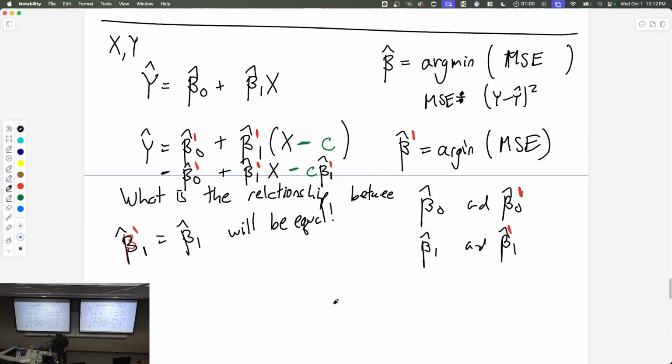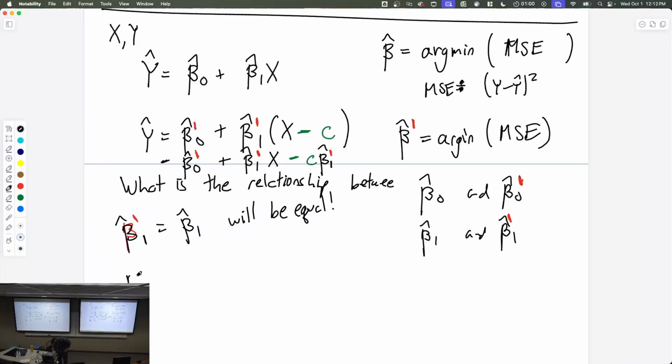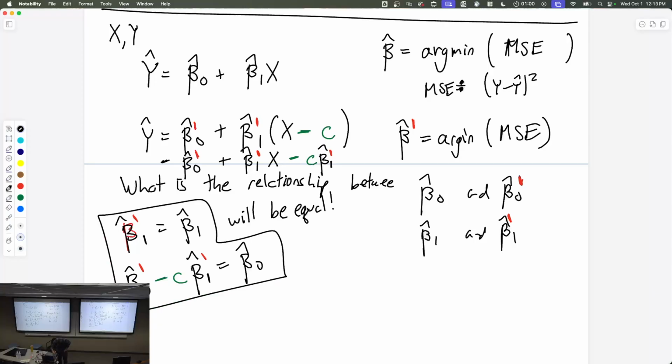So you can write it like this: beta hat 0 prime plus, or minus in this case, minus c times beta hat 1 prime equals beta hat 0. So this is the relationship.